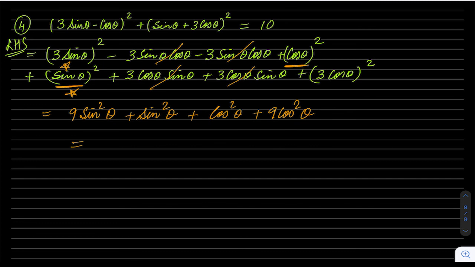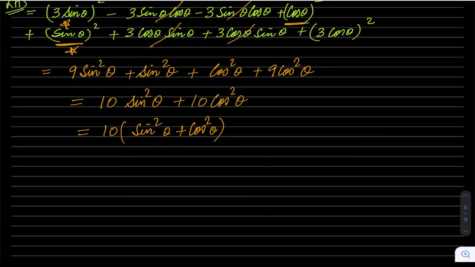So this becomes 10 times sin square theta plus 10 times cos square theta. I can take 10 out. So what is left now? Sin square theta plus cos square theta, which we already know equals 1. So 10 times 1 is nothing but 10, which is RHS. So that is what we needed to prove in this.